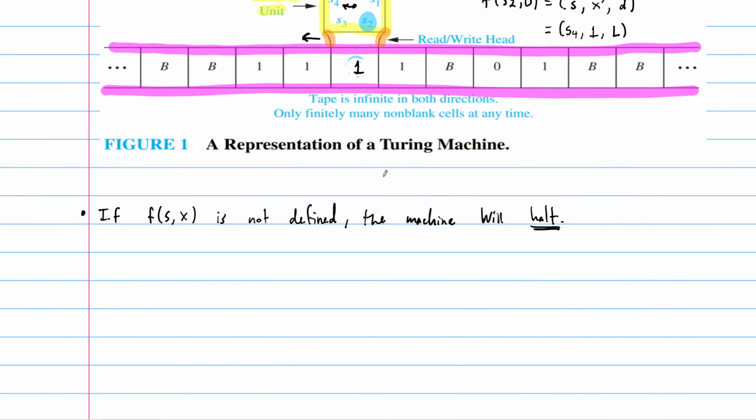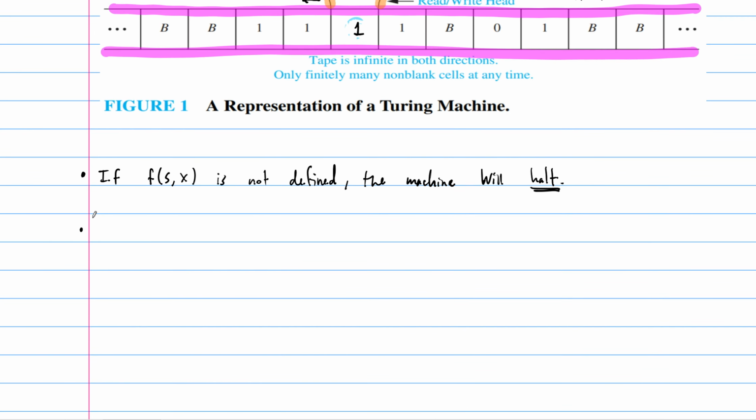And the final thing that we should say here is that at the beginning of operating a Turing machine, we make some assumptions here, especially if we're thinking of the tape. So this is in reference to the tape.